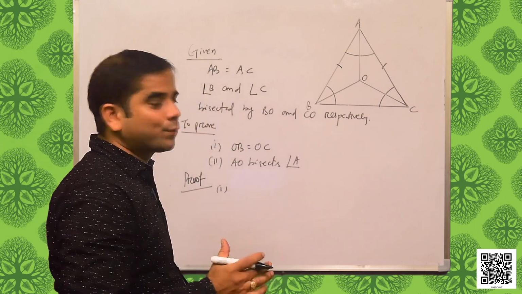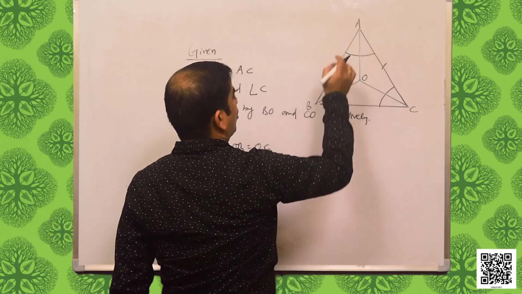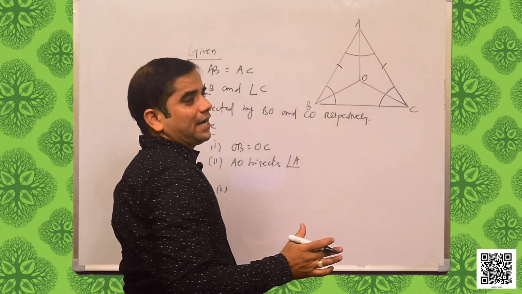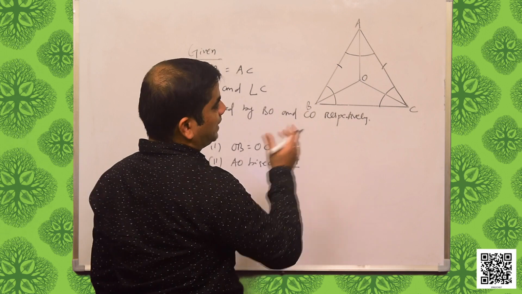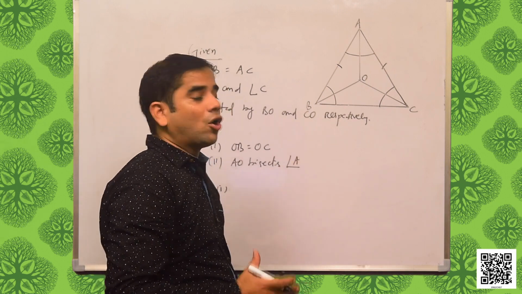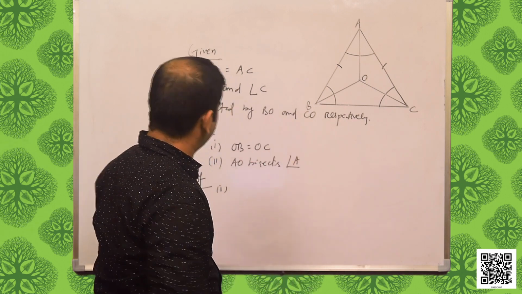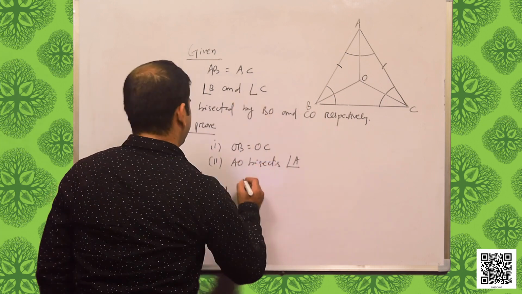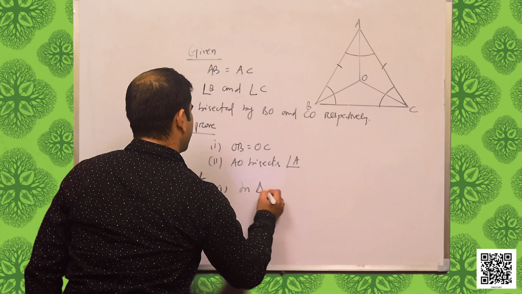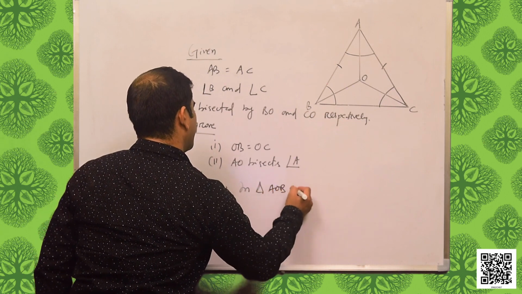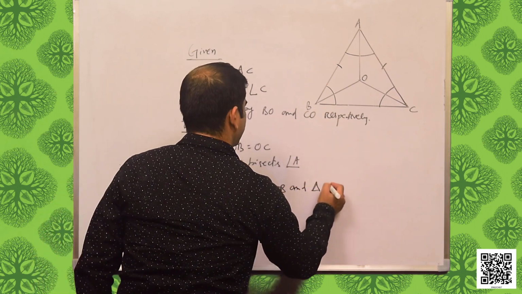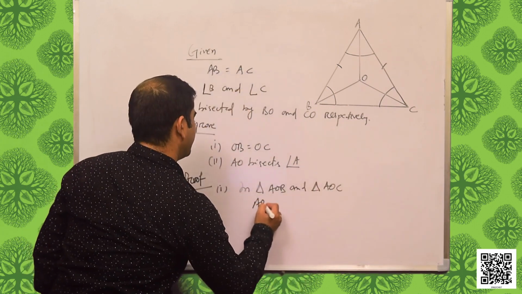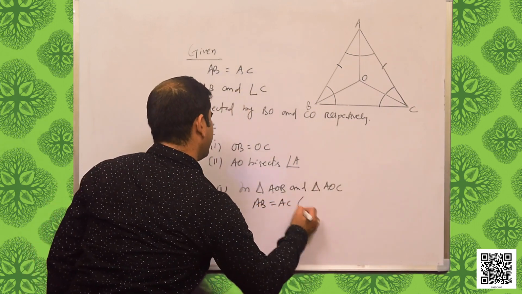So, if we can prove that triangle AOB is congruent to triangle AOC, then we can conclude that OB is equal to OC as their corresponding sides. So, let us concentrate on triangles AOB and AOC. In triangle AOB and triangle AOC, AB is equal to AC, it is given.